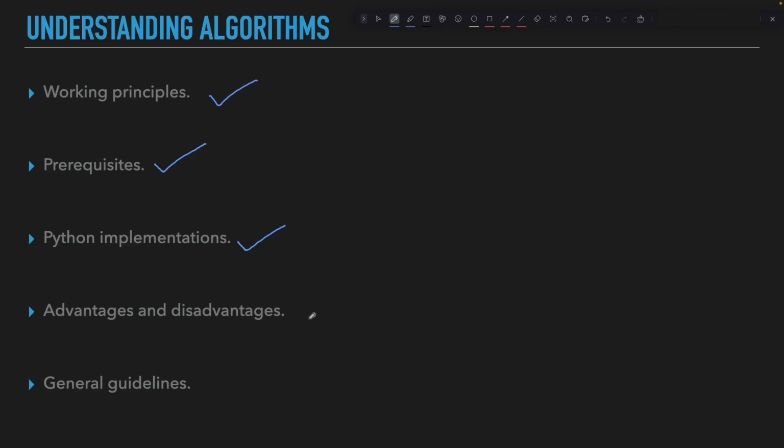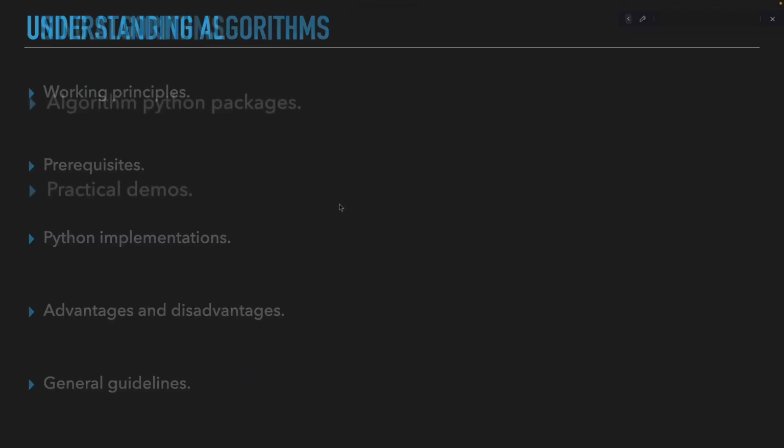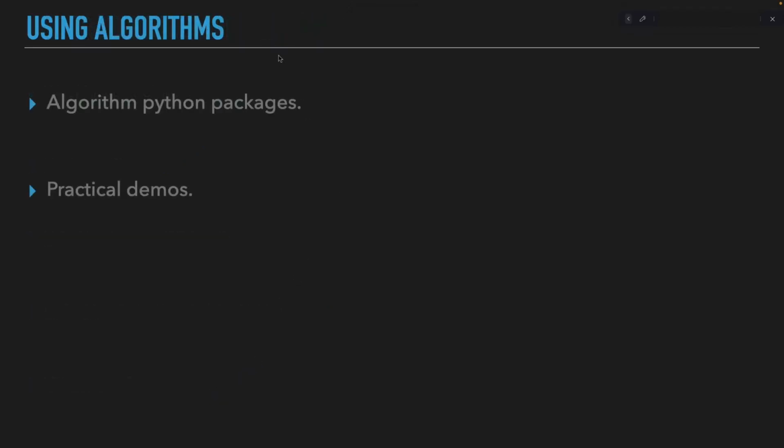We will learn about advantages and disadvantages, and we will learn about general guidelines for using these algorithms. And when it comes to practical use, we will also introduce relevant Python packages, and for each algorithm we will go through several practical demos.